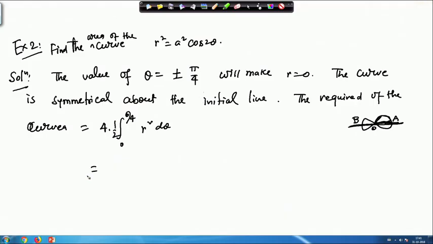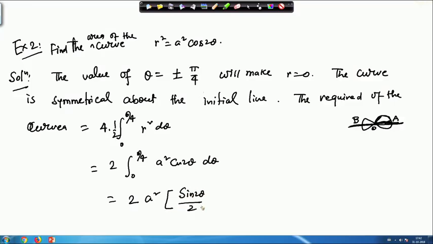So this is basically 2 times integral from 0 to pi by 4 of a square cos 2 theta d theta, and then if we integrate, this will be a square and then sin 2 theta by 2, from 0 to pi by 4, and then this will be 2 a square sin(pi by 2) by 2.